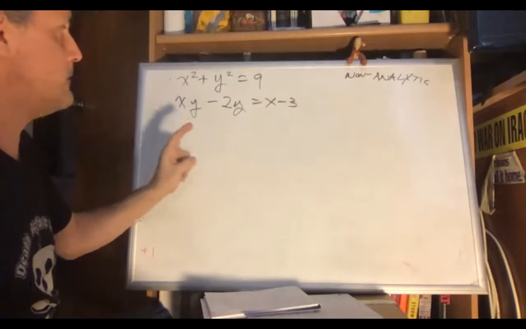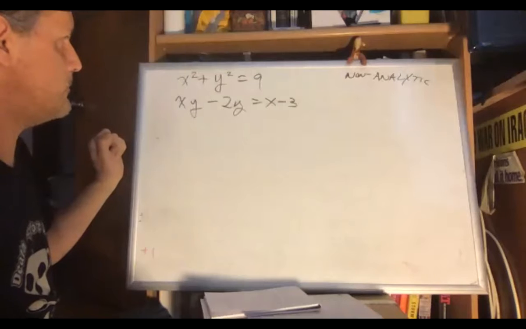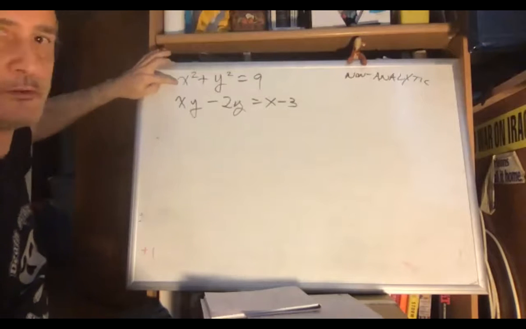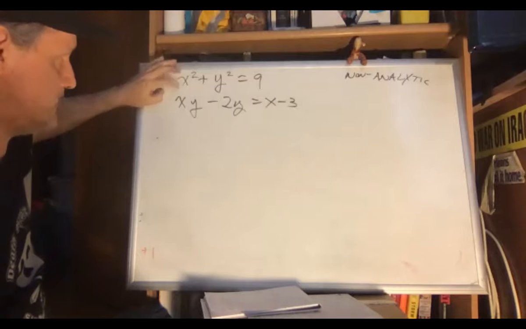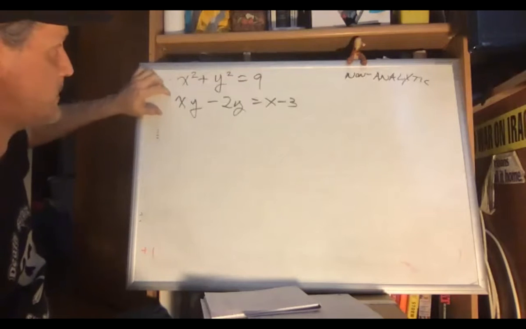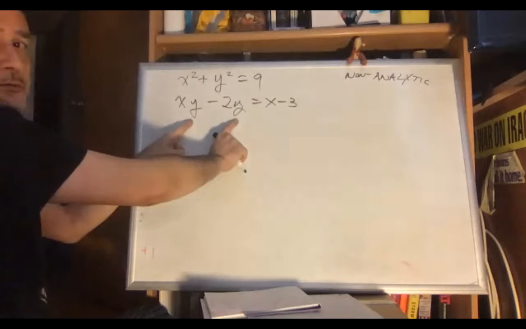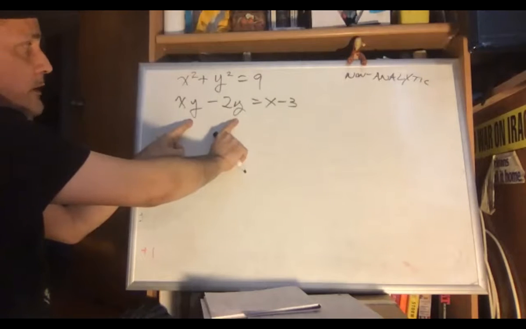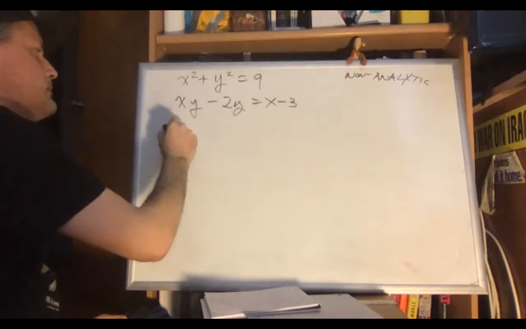We're going to have to do substitution. So how do we substitute? Well, we want to substitute into this top equation, probably, because it's a little simpler. Which means we either replace x or y. Well, which would be easier? Well, it looks like we can factor out the y here and quickly get y in terms of x. So that's probably going to be the better way to go.